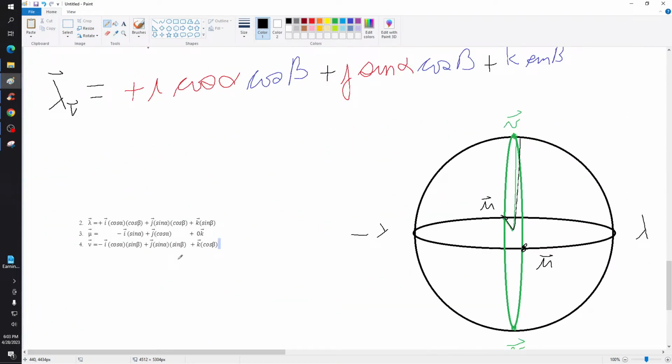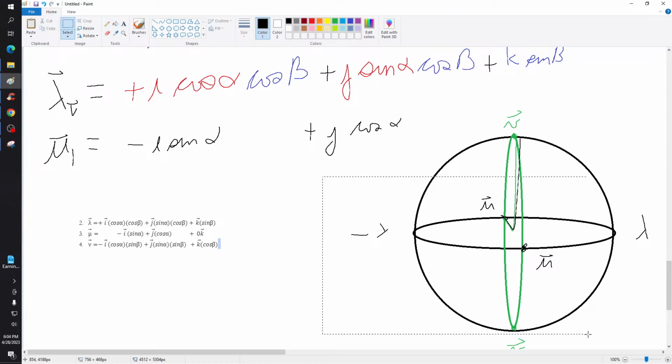So mu1 is equal to negative i sine alpha plus j cosine alpha plus 0k.